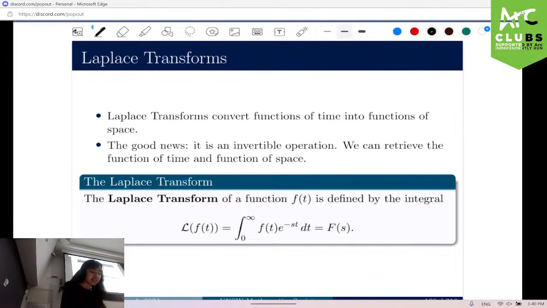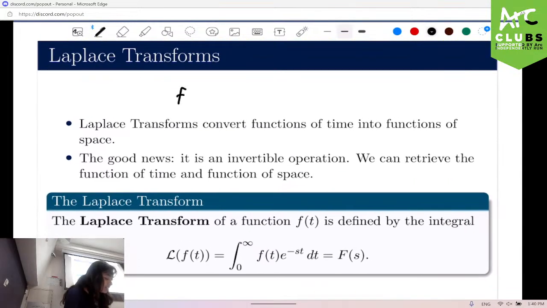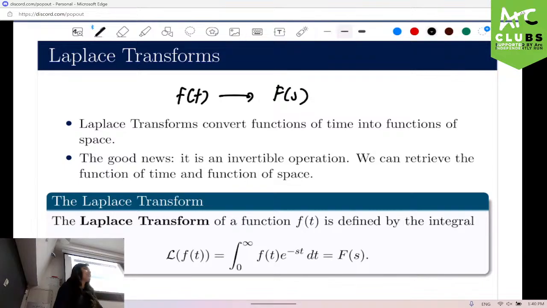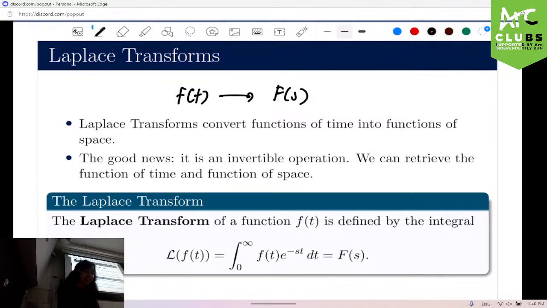So basically what the Laplace transform does is that it converts a function of time into a function of space. For example, you can probably convert waveforms of time into some frequency function if you do engineering.